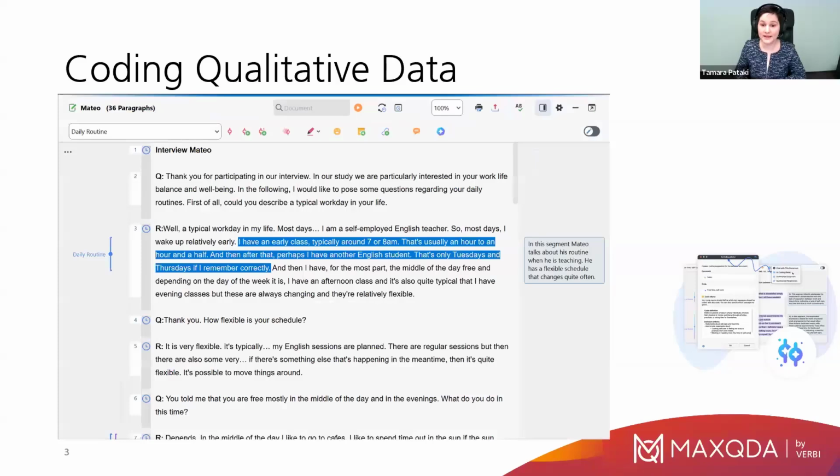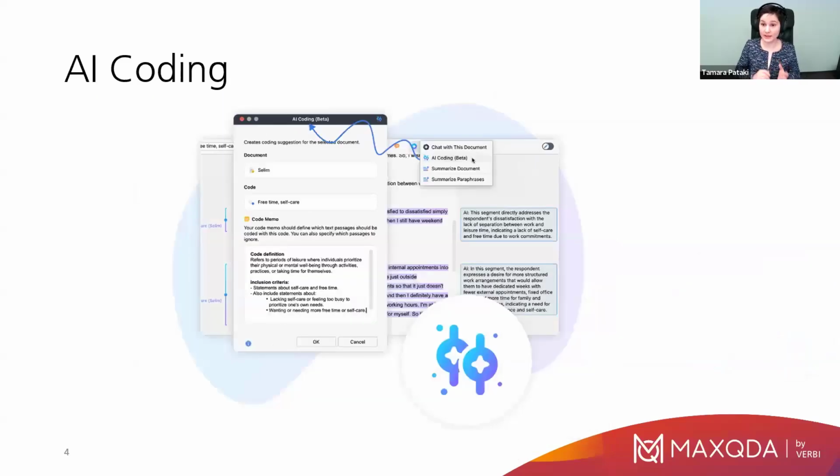And what happens then is that this information will be recorded right on your data. So the highlighted segment will turn colorful, and you will be able to see a coding stripe along with your comment as well.